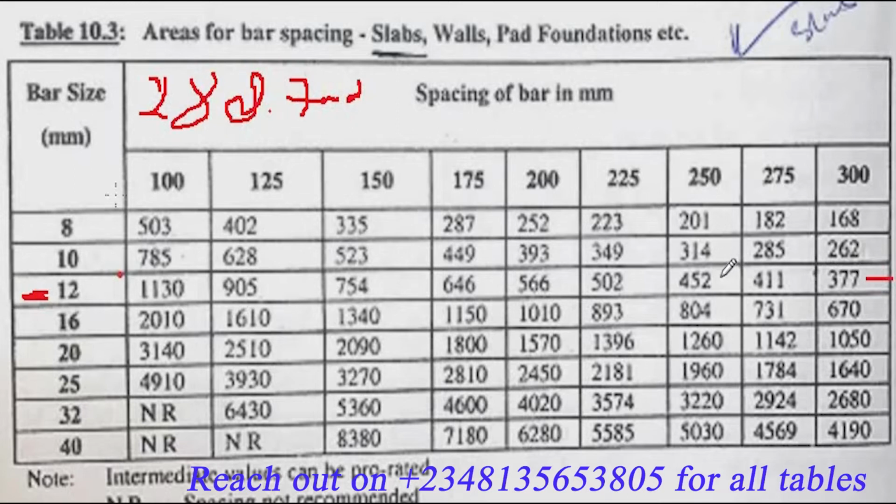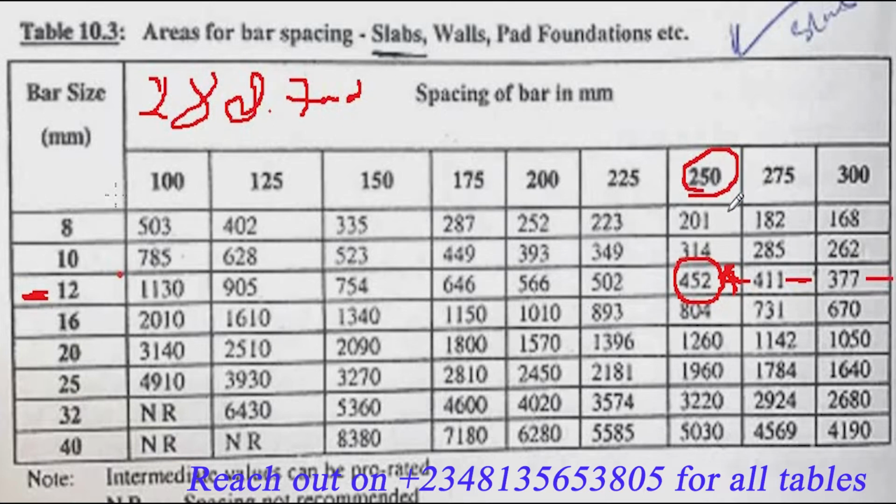So this one, we can go for either of these three, but the higher the area, the lesser the spacing. So we can go with this one, 452 mm square. Then you trace to the top to get your spacing, which is 250 mm.